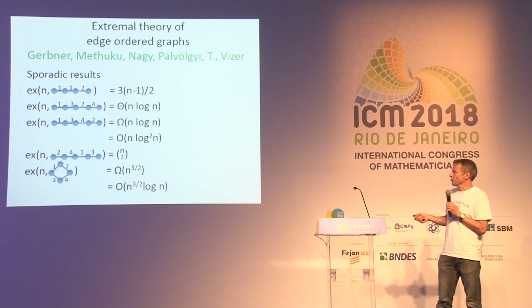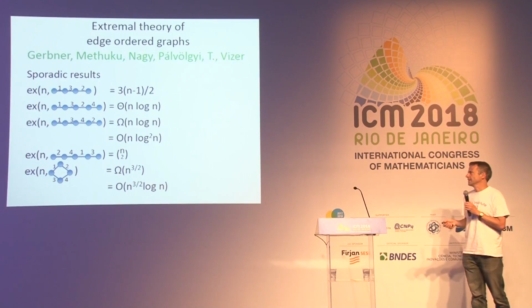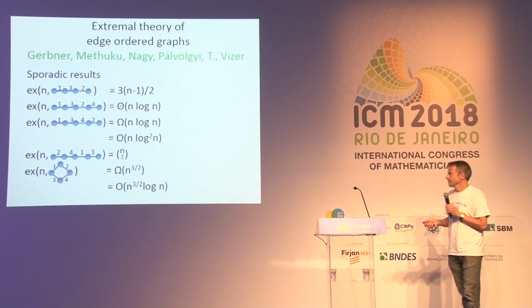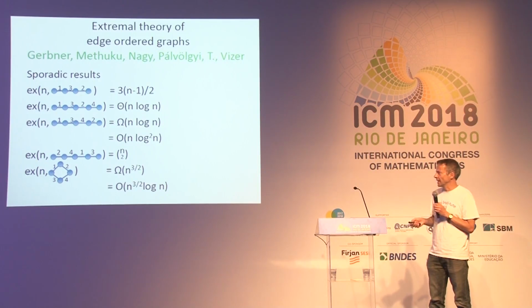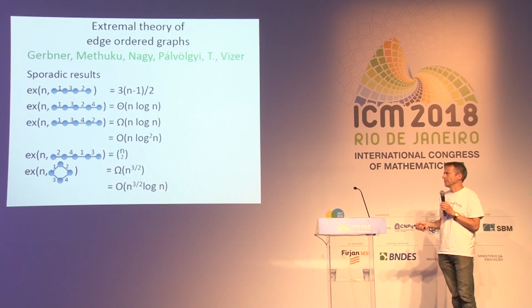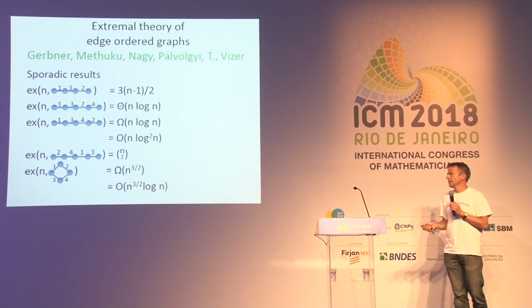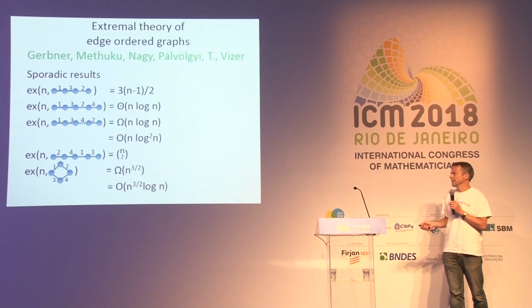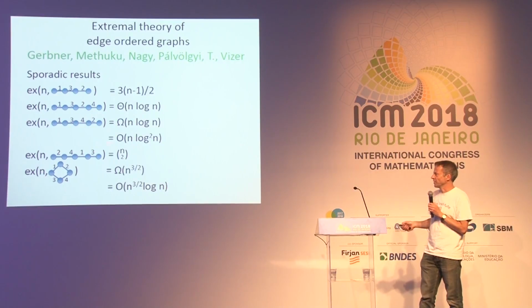With the 4-edge path, it's a bit more interesting. There are versions where you can have the entire complete graph on n vertices without this particular 4-edge path. So it's n choose 2. This is the highest possible extremal function for any forbidden graph.